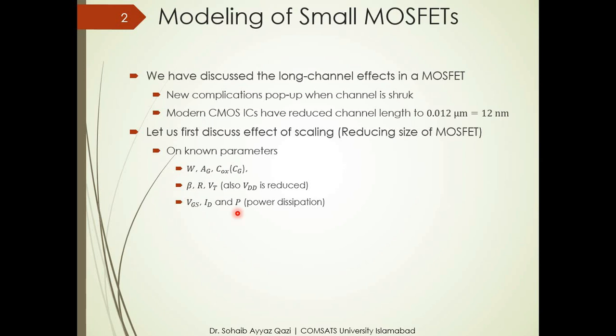So we have to study how we can design a MOSFET with reduced size, and what would happen to the resistance, capacitance, current and power of the MOSFET, and how we can achieve the same current or same resistance while reducing the size of a MOSFET. For that we have to derive some of the equations and relate them to the original MOSFETs.